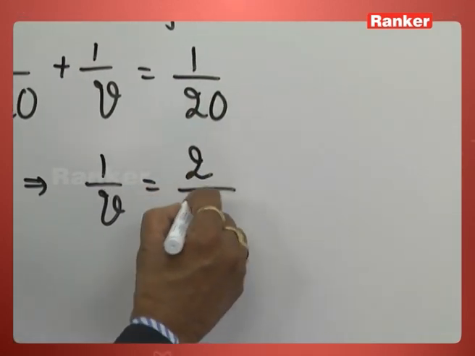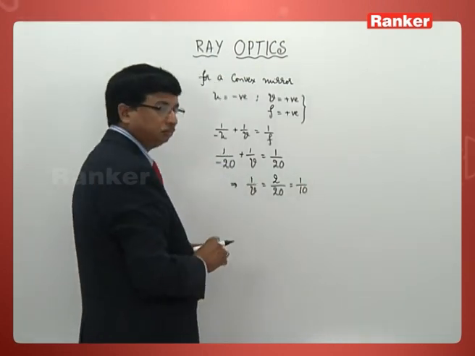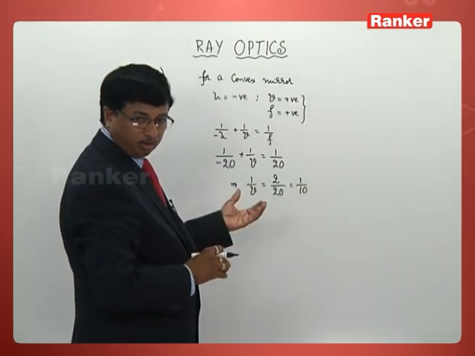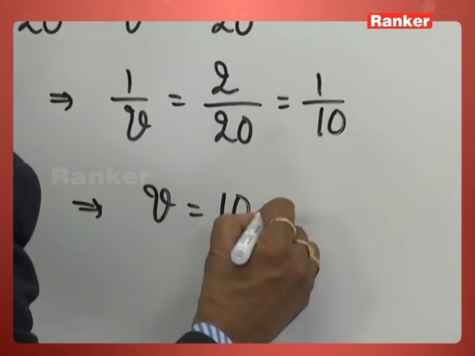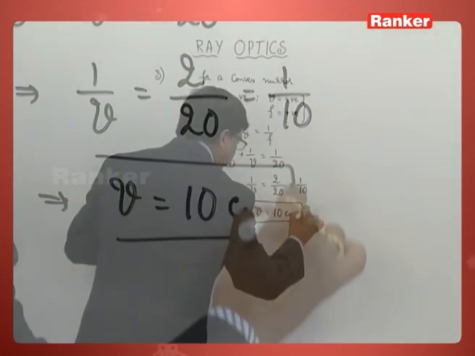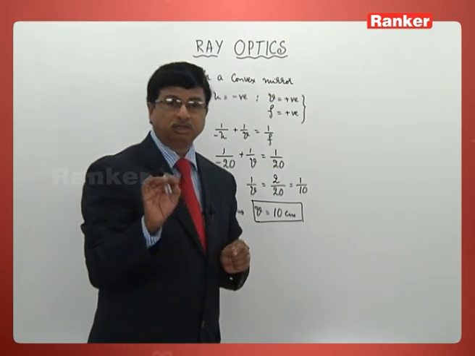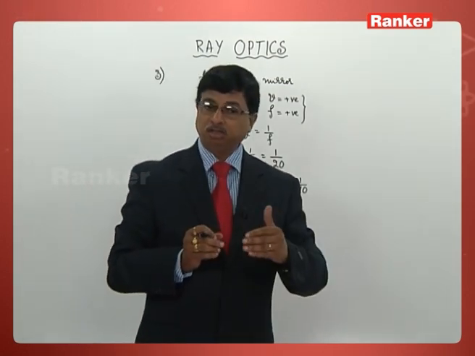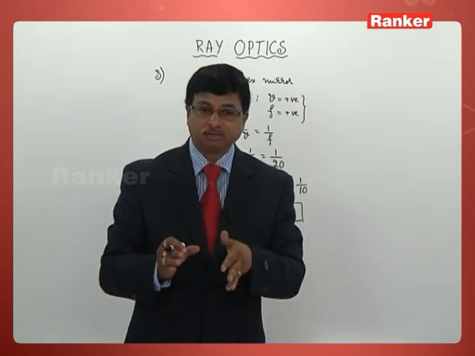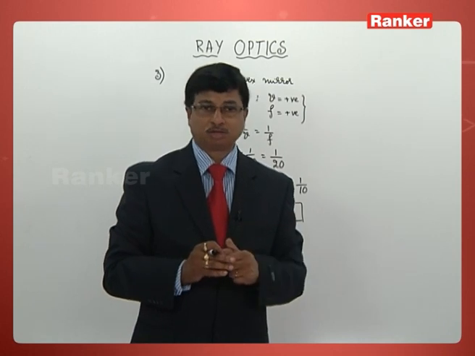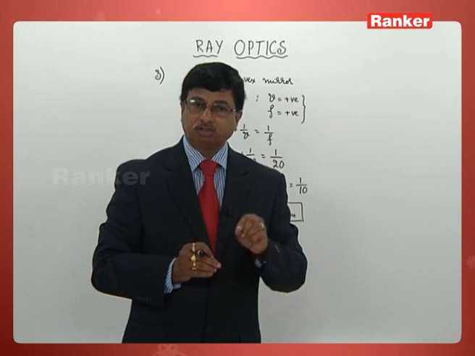It now becomes 2 by 20, which now becomes 1 over 10. So directly you can understand that the final image distance v is now going to be simply 10 centimeter. So at what distance the image is formed? That is the question he is asking. The mirror produces an image at what distance? At 10 centimeter we have got. Now check the options given. The very first option is given as infinity.